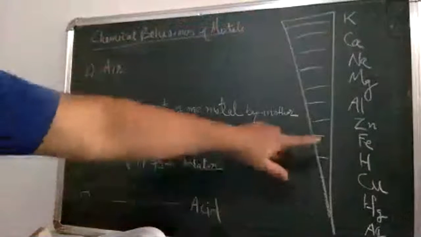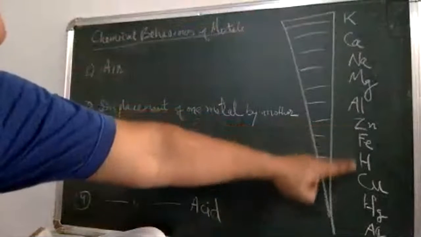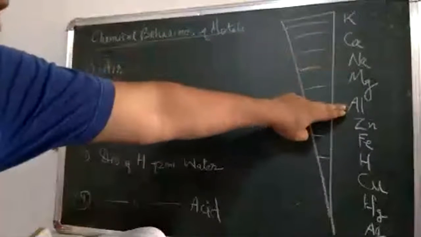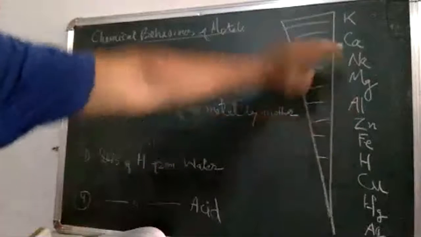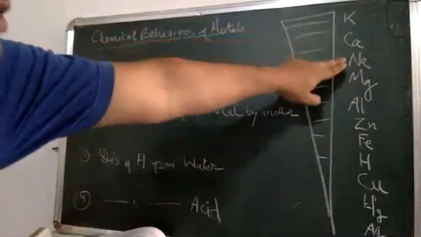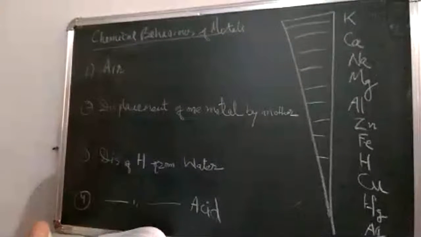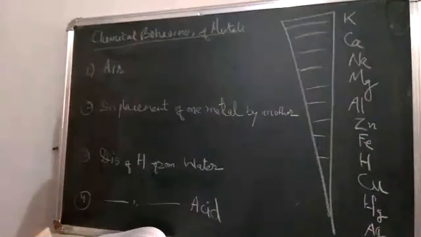This is the activity series through which you can know that iron is more active than copper, and sodium is more active than aluminum and zinc. If you keep sodium, which is a very soft metal, in usual air, in the common atmosphere, then it catches fire.